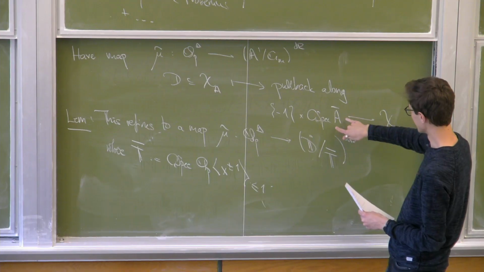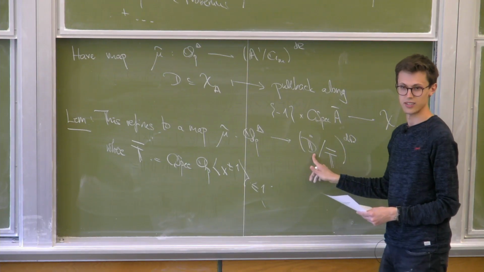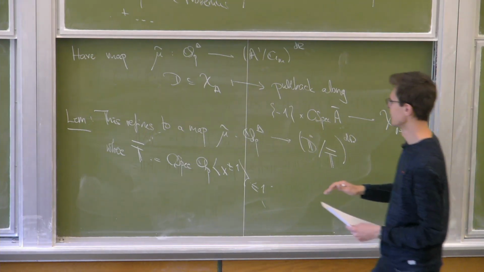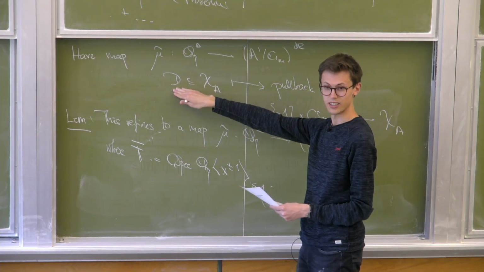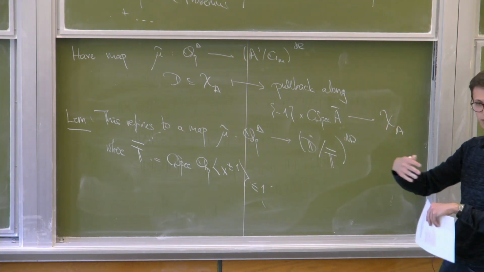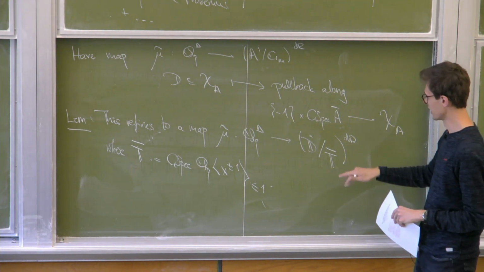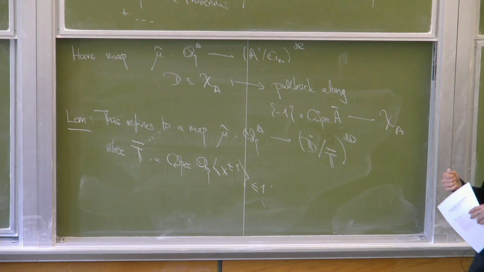And then in addition, I'm claiming that this norm will always be less than 1. Okay, and the reason is that, well, this D is always cut out by a distinguished element locally, and for distinguished elements, you can check this. Like if you have any 2 distinguished elements and they cut out the same divisor, the pullbacks to A bar have the same norm.